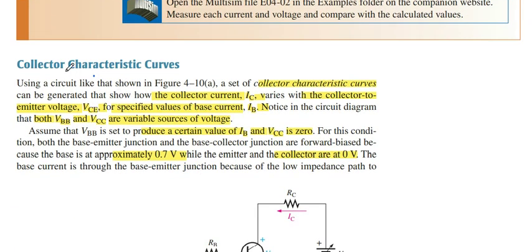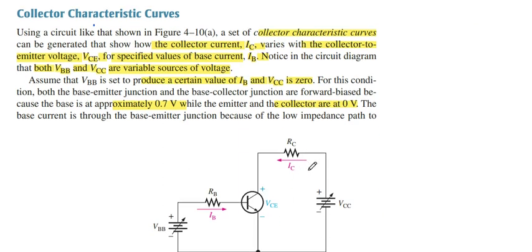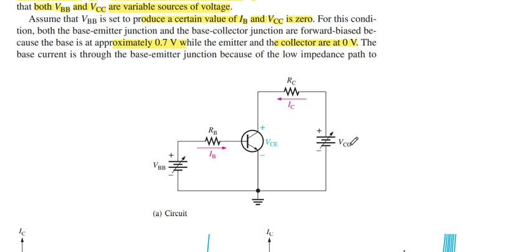Now next we start the collector characteristic curve. There, VCC and VBB are variable voltages. VBB is smaller than VCC. At first, we start this. IB or VBB is 0 and VCC is also 0.